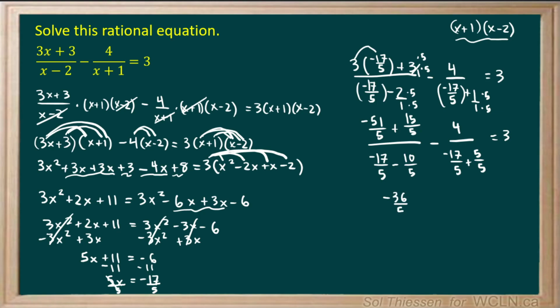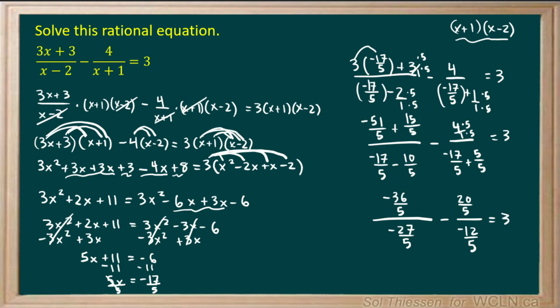So I'll have negative 36 over 5 over negative 17 minus 10, which is negative 27 over 5. That'll be minus 4, which we're also going to put over 5, so we'll multiply numerator and denominator by 5 to leave us with 20 over 5. So negative 17 plus 5 is going to be negative 12. We'll have negative 12 over 5 here, and this will be equal to 3.